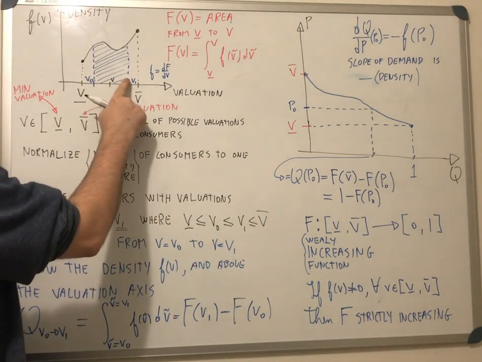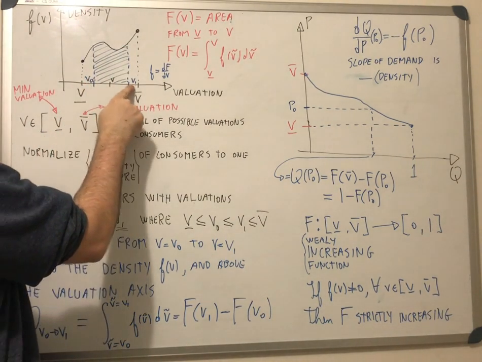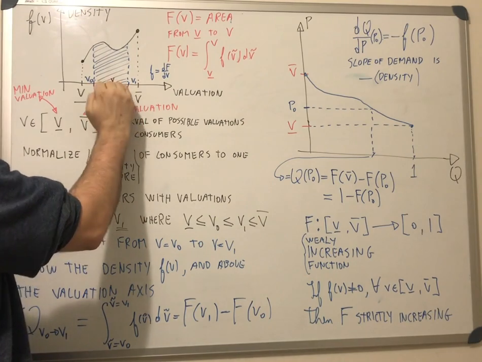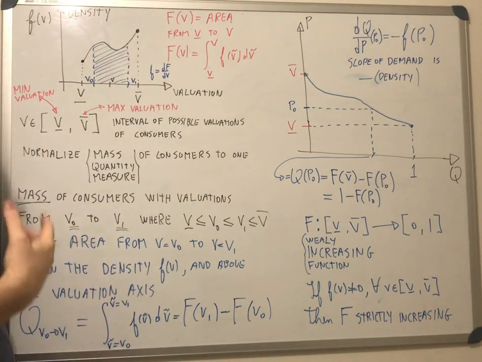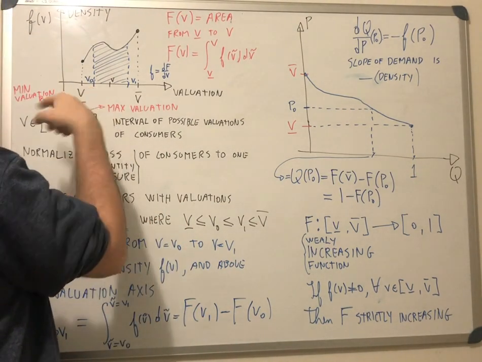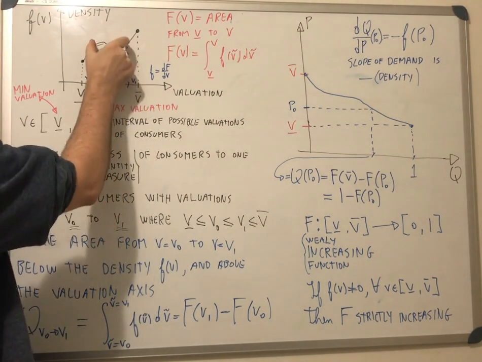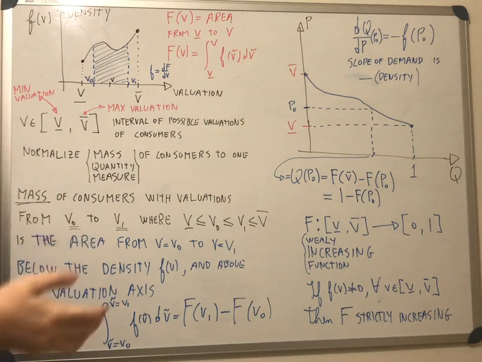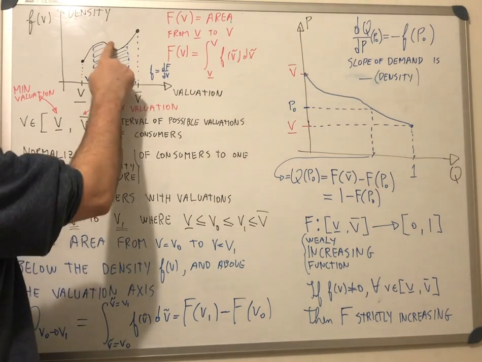And that's this blue area here, from V0 in blue to V1 here, the area above the axis and below the curve. That's the number of consumers with valuations equal or above V0 and equal or below V1. So the quantity of consumers with valuations from V0 to V1 is this area here.